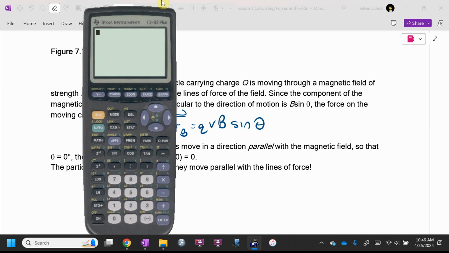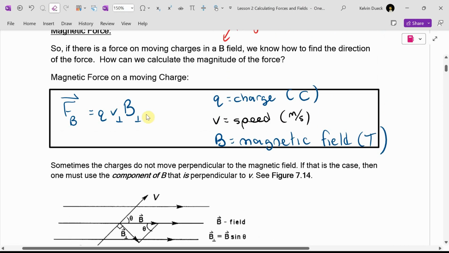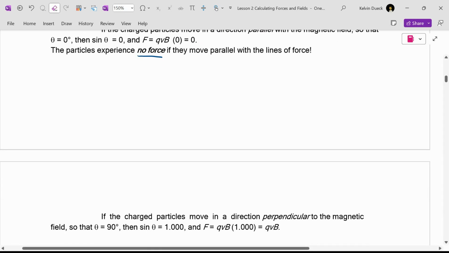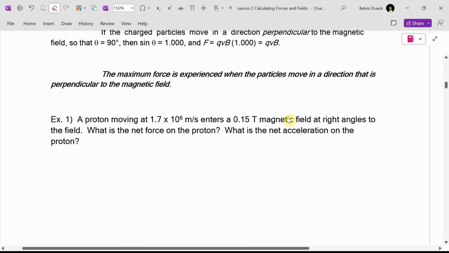Because if the sine of 90 was 1, then the sine theta would vanish, and I would have QVB like I just told you with the perpendicular set. Yes? Okay. So particles experience no force if they move parallel to the magnetic field. They experience maximum force if they move at right angles to the magnetic field. And so if they're moving perpendicular, it's QVB. The maximum force is experienced when particles move in a direction that is perpendicular to the magnetic field.